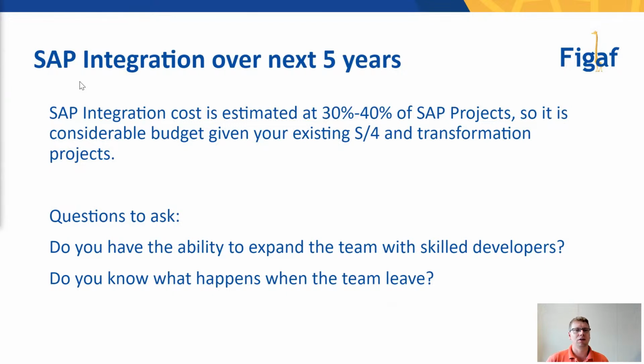And considering the huge amount of projects that are going on with the S4 migrations, etc., it really matters and makes a good business case for you to understand what is going on here. And if you can reduce the time cost of your integration by a few percent, it has a good impact on the overall project cost.